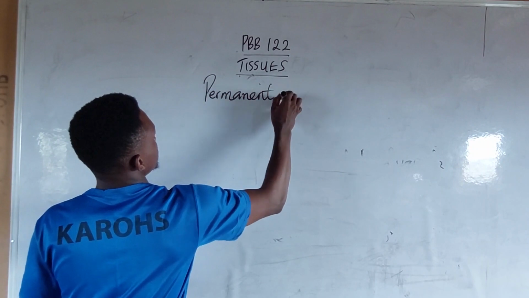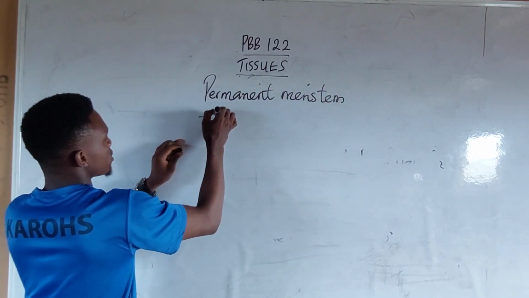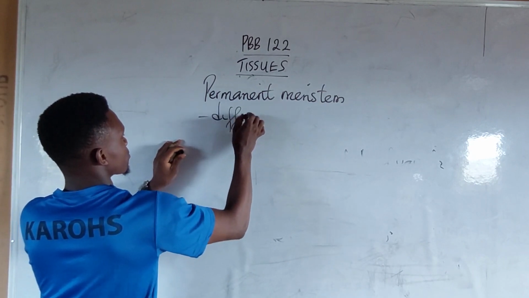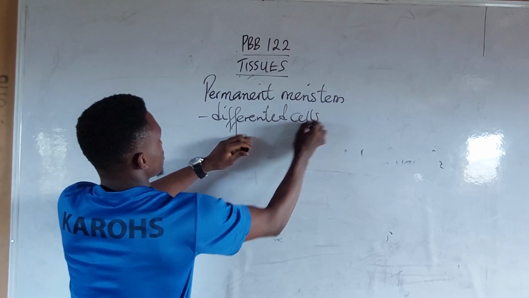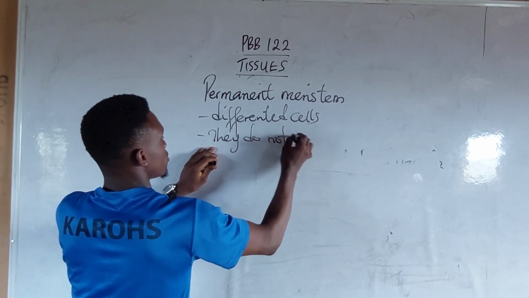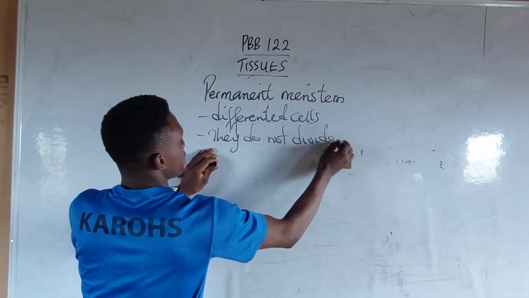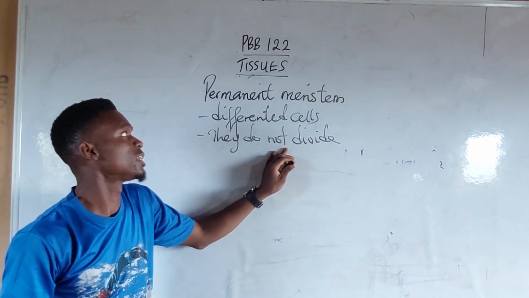Permanent tissue. The features are one, differentiated cells. They do not divide, that is, they do not undergo mitosis or mitotic division.